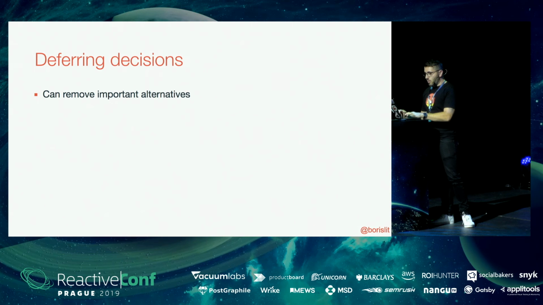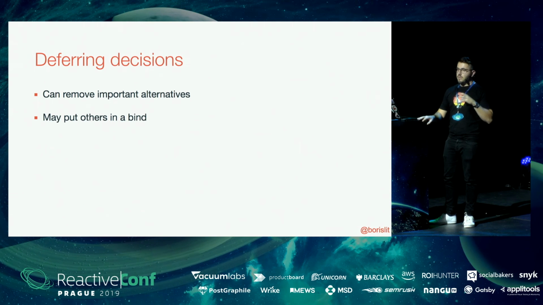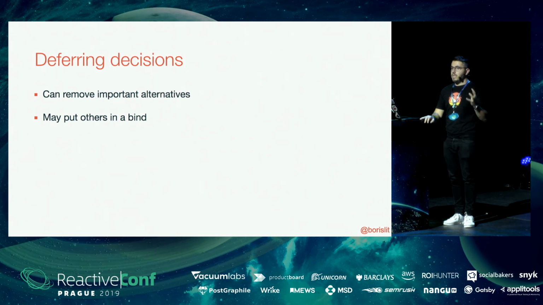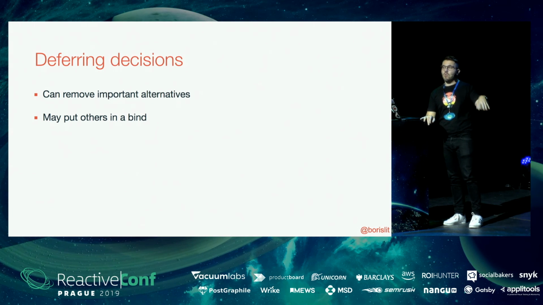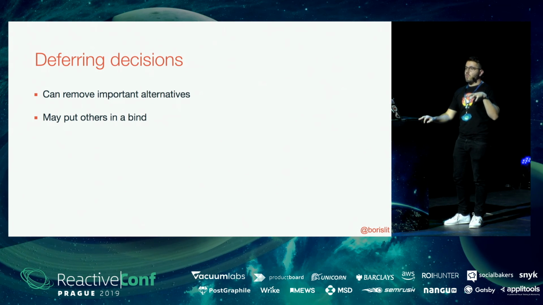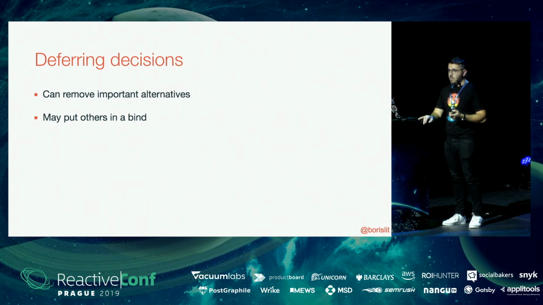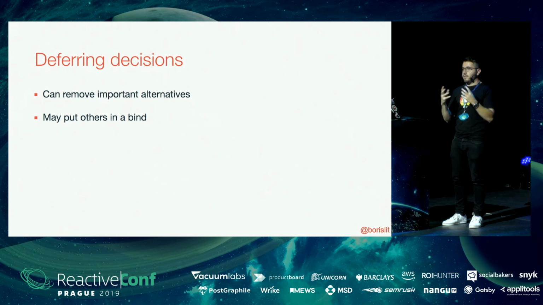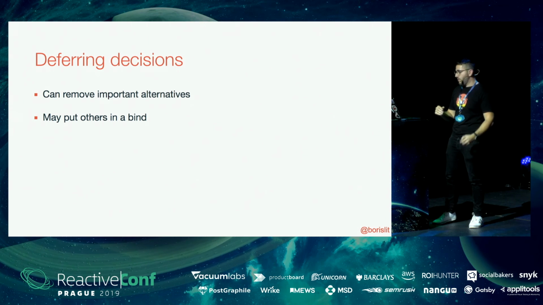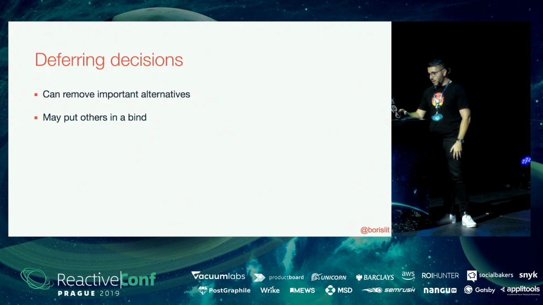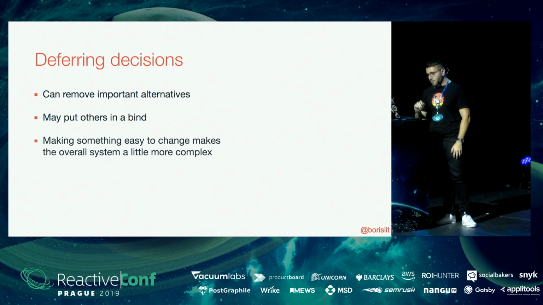So we need to be really careful. If you're part of a team that makes the decisions, and you're postponing something, it can not only affect your team, but it can also get other teams that depend on you to get stuck, right? For example, if you're creating something that should be consumed by others. And you need to be really aware of that as well.